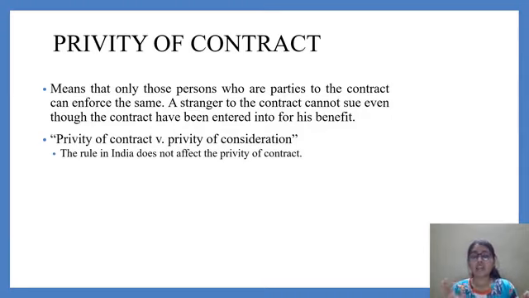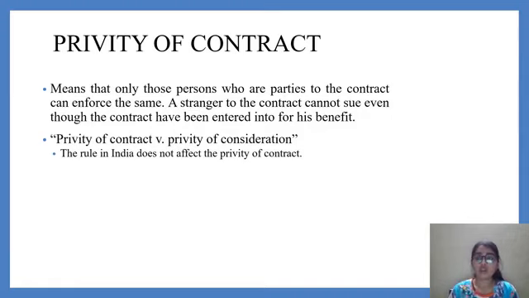It is that simple. Now, let us try to understand the relationship between the privity of contract and the privity of consideration. I have already mentioned that there is a concept of privity of consideration under Indian law. What makes these two things different from each other is that Indian law, under section 2 clause D of the Indian Contract Act, which gives the definition of the term consideration, specifically expresses that a consideration may be given by a promisee or any other person.